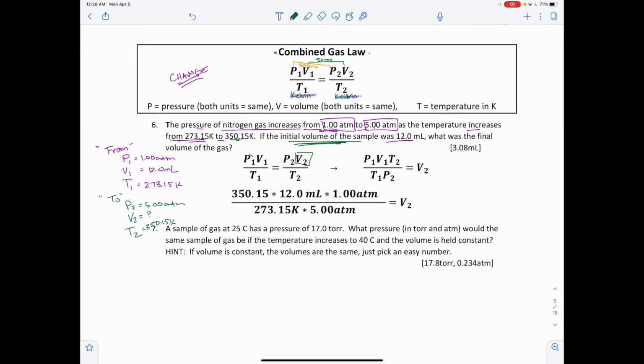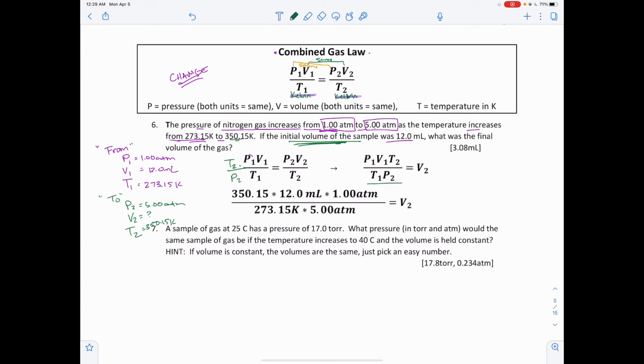Or you can say, I need to multiply both sides by T2 to get rid of the T2. Now I've got the T2 over. And then to get rid of P2, I need to divide both sides by P2, and that would get rid of that one.